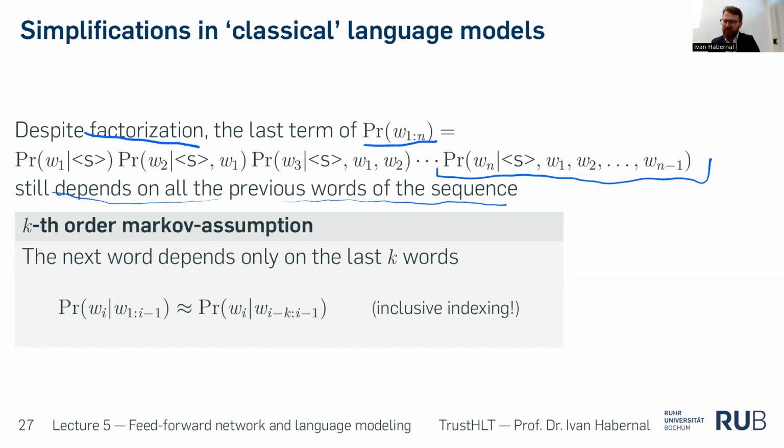So we're going to say, you know what? Maybe we don't take all of those, but we make a cut here, and we just look into the history of a couple of previous words to estimate the probability of the next word.